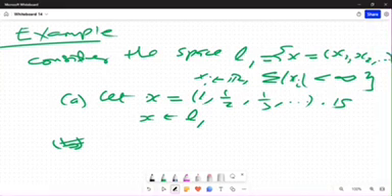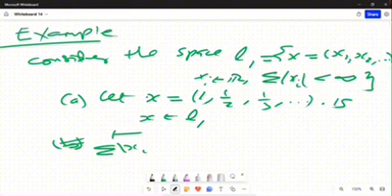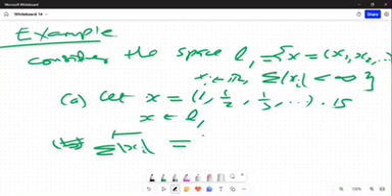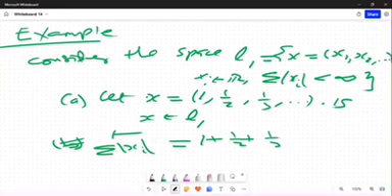So if you do so, you have summation xi, which is equal to 1 plus 1 over 2 plus 1 over 3 plus so on and so forth, right?